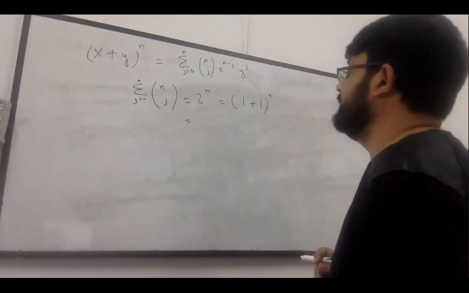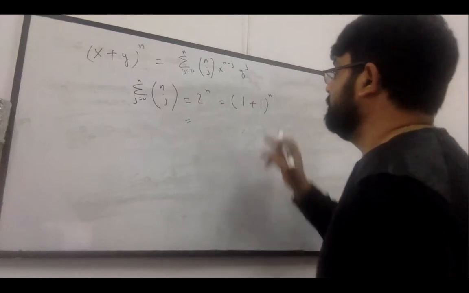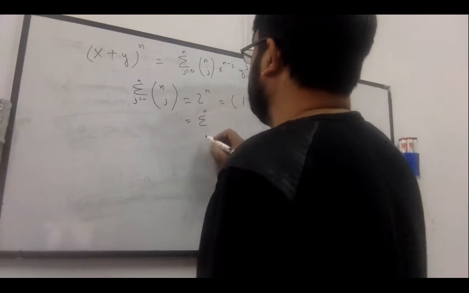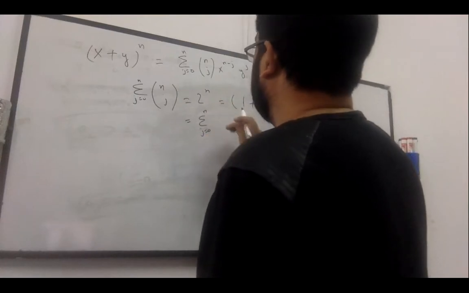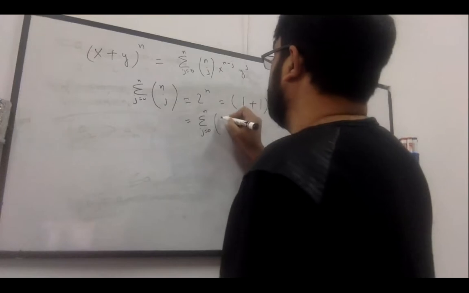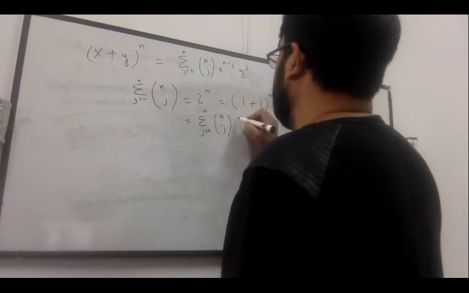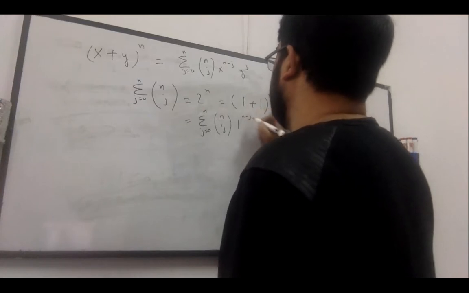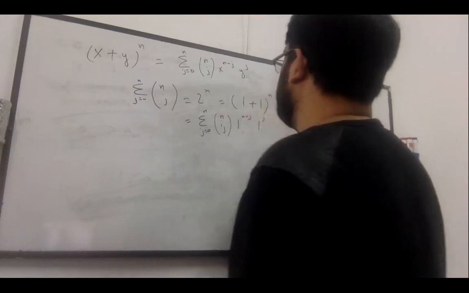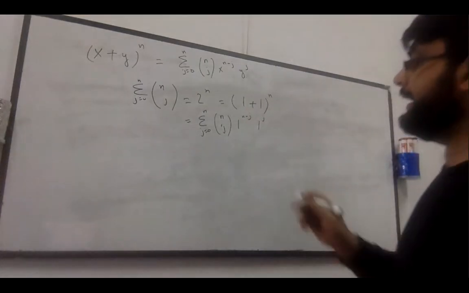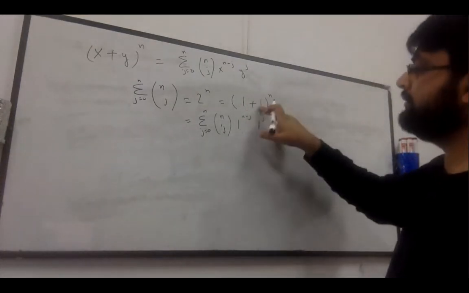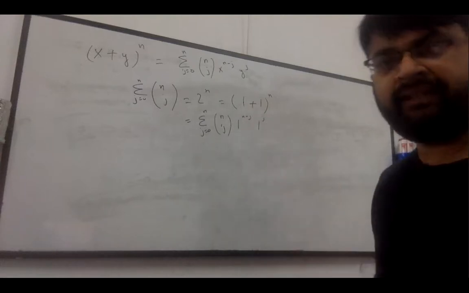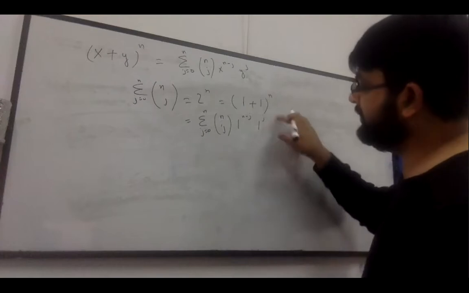What is 1 plus 1 to the power n? If I use this particular formula, this comes out to be summation j is equal to 0 to n of n choose j, 1 to the power n minus j, multiplied by 1 to the power j, right? Because x is 1, y is 1, so I've taken 1 here, and 1 raised to the power anything is 1.